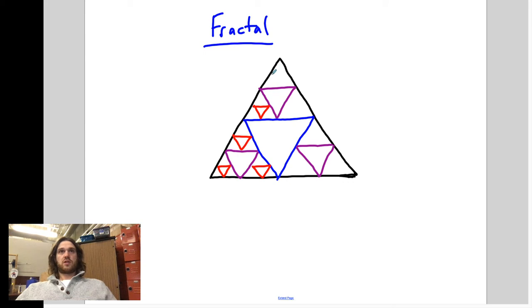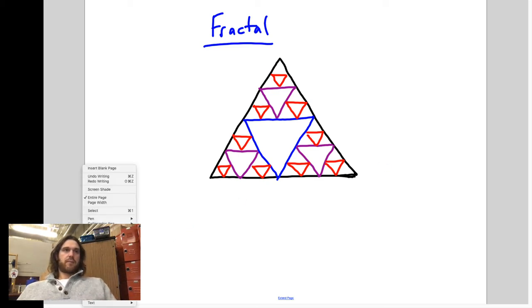So you start seeing a bit of a pattern here as we continue to draw. As we continue to draw our fractal, and I know my triangles are not perfect, you'll notice the number of triangles we draw each time is increasing rather rapidly. So what I'm going to do in black is talk about the steps.